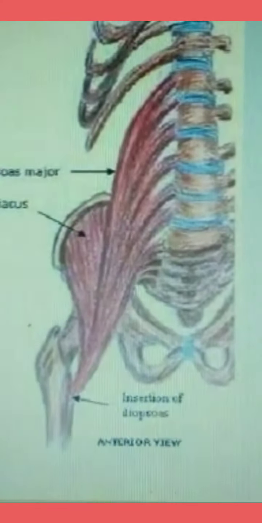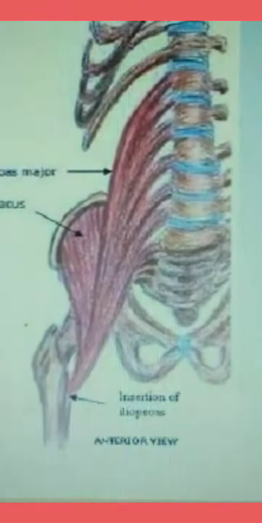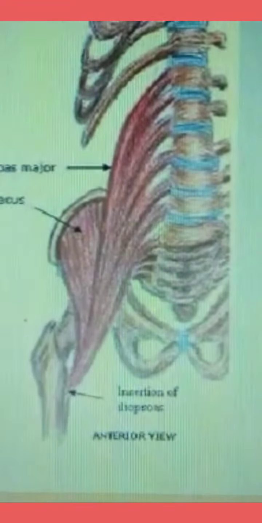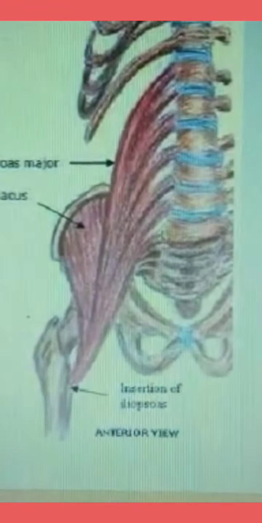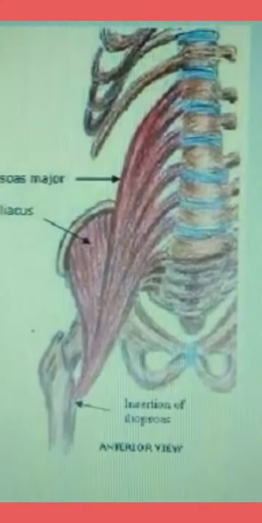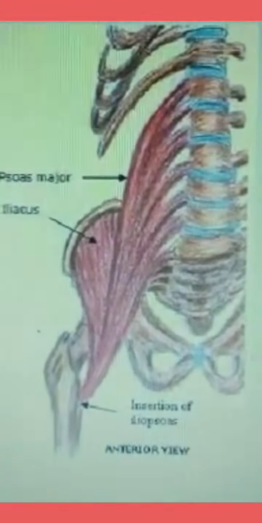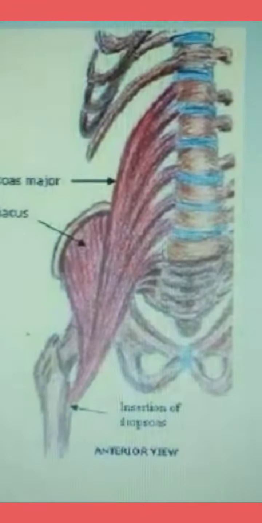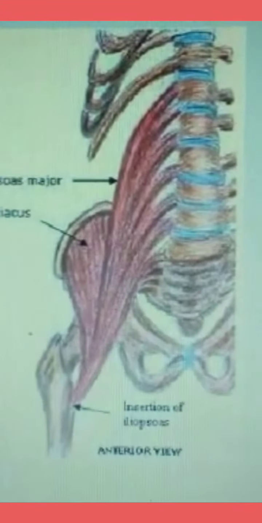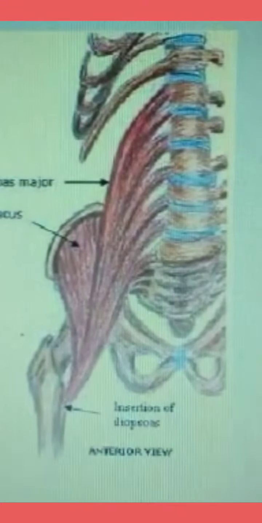The nerve supply of psoas major: it receives nerve supply from the roots of the spinal nerves L2, L3 and L4. Its action, with the iliacus muscle, is as a powerful flexor of the hip joint, as in raising the trunk from the lying to the sitting posture.